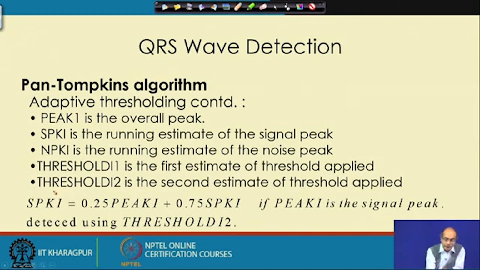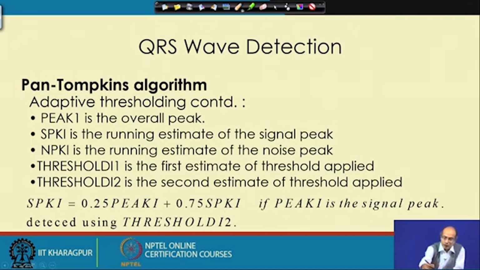And if we get a peak by threshold 2, and that peak is a signal peak, then the speed of update of the signal peak becomes more. Instead of 1/8th, we take 1/4 part of this new peak and 3/4 part of the previous estimate of the signal peak, and we update that running estimate.